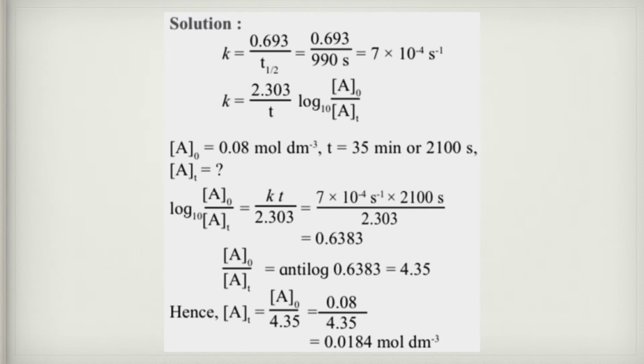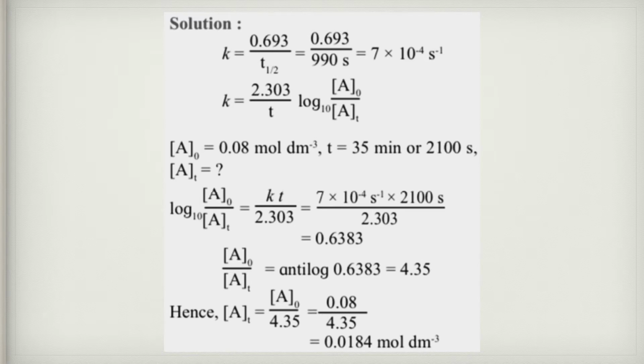Now, what I have to find out is the final concentration after 35 minutes. So, I'll use again the equation K is equal to 2.303 upon T log to the base 10 initial concentration upon final concentration. Over here, everything else is known to us, so we can easily find out AT.